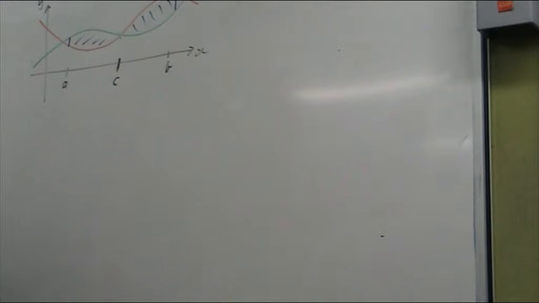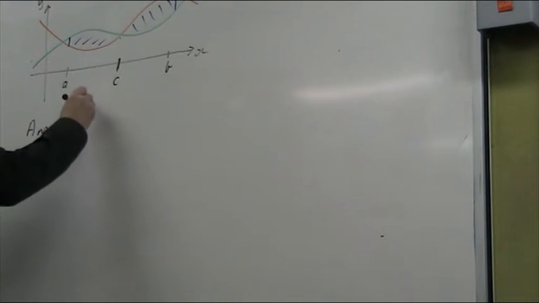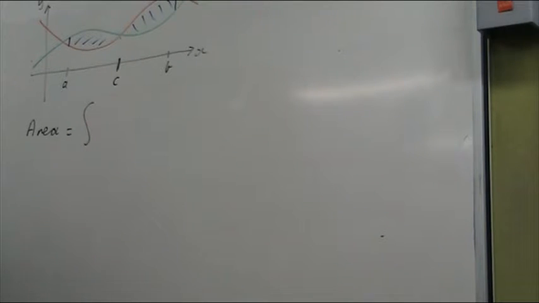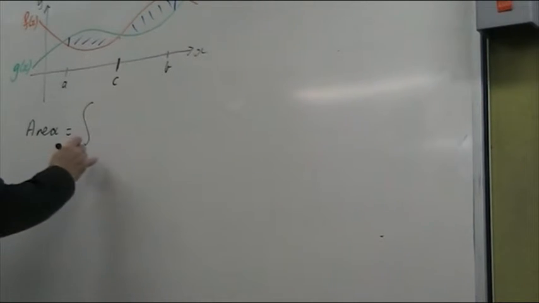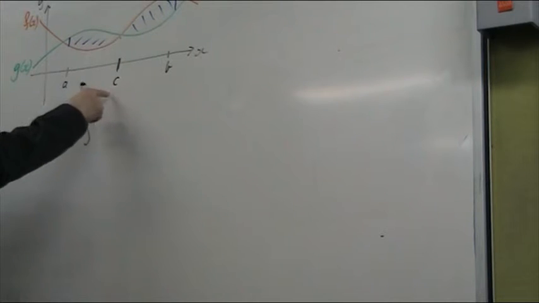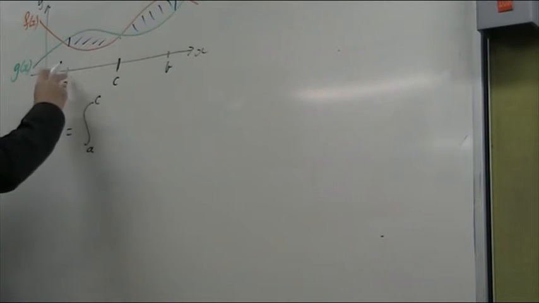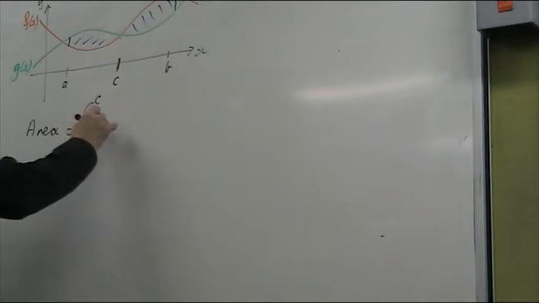So in this case, our area would be 2 parts. So that's F is the orange, and G is the green. So we need to go from A to C, and between A and C, G is on top.